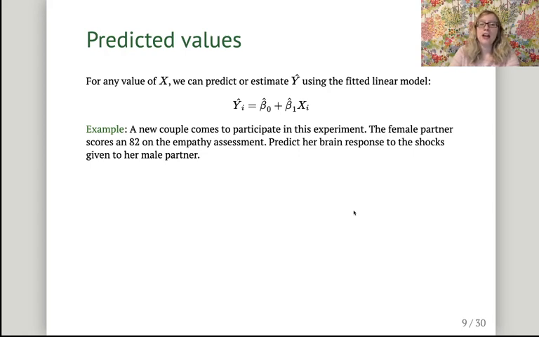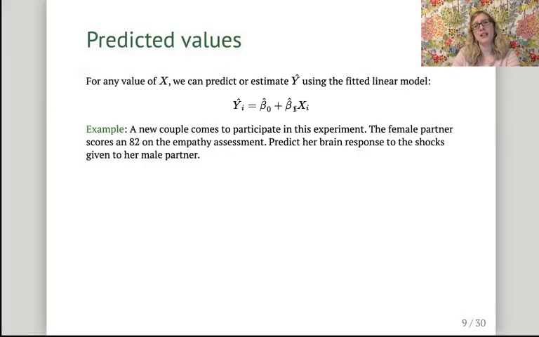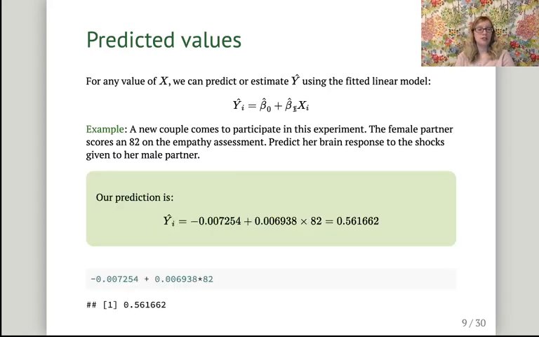For any value of x, we can either predict or estimate y using this fitted linear model. The way we do that is to take this x and just plug it in to the equation that we've generated. So we have a new couple coming to participate in this experiment. The female partner scores an 82 on the empathy assessment. Let's predict her brain response to those shocks.